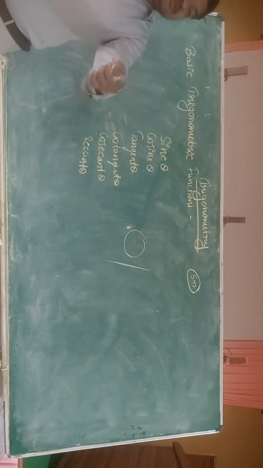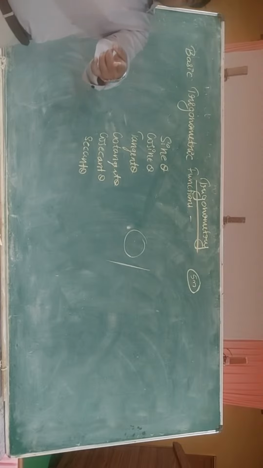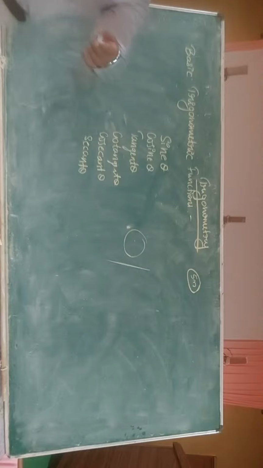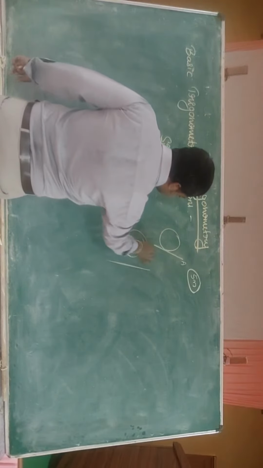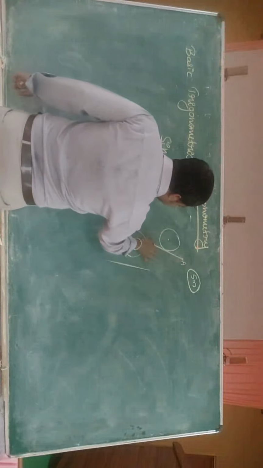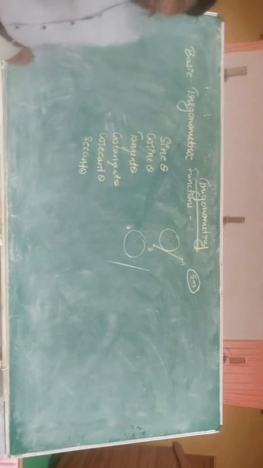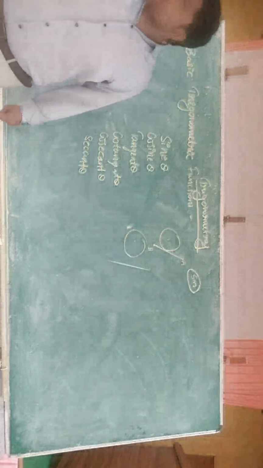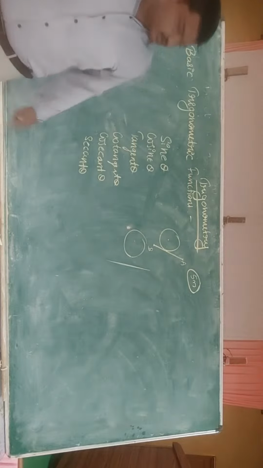AB is a tangent here. A line which intersects or touches a circle at a single point is called a tangent.